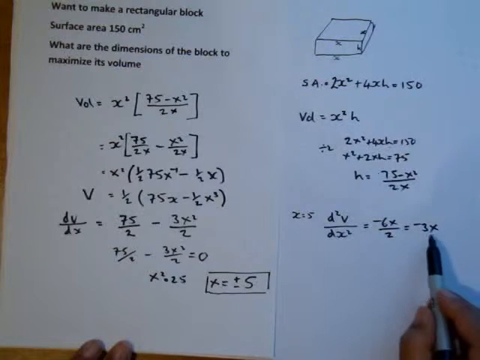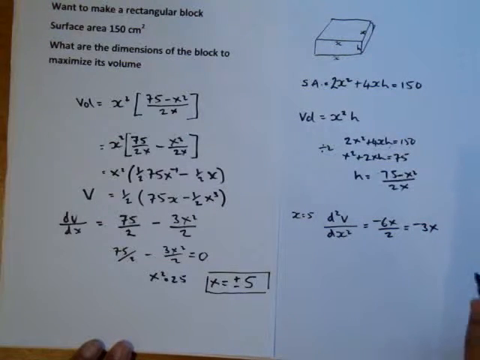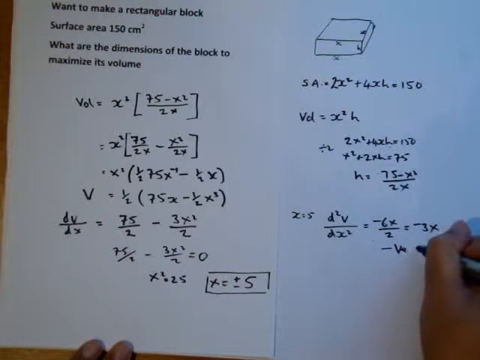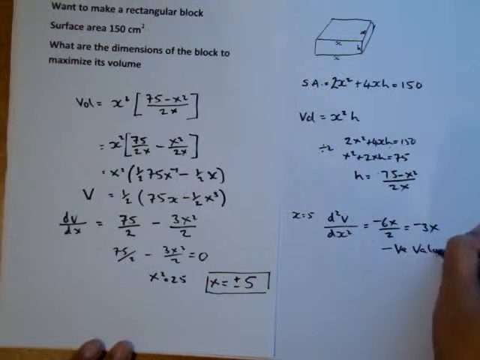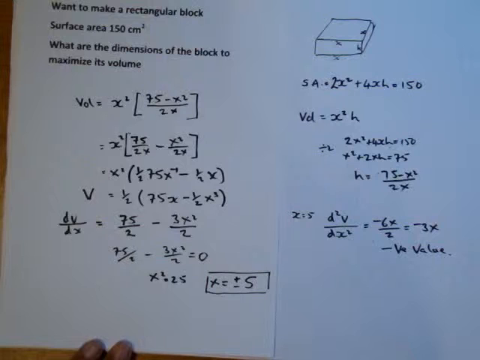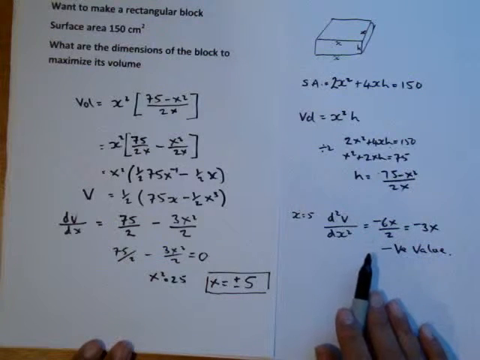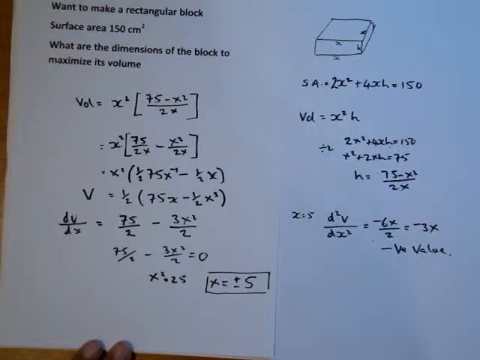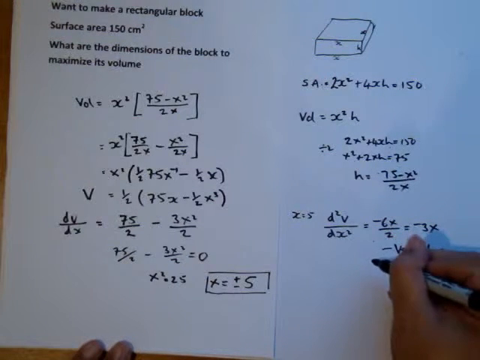So if we put 5 into there, we get a negative value. We don't have to actually work out the value, we just need to know whether it's negative or positive. And because it's a negative value, that means it's a maximum.